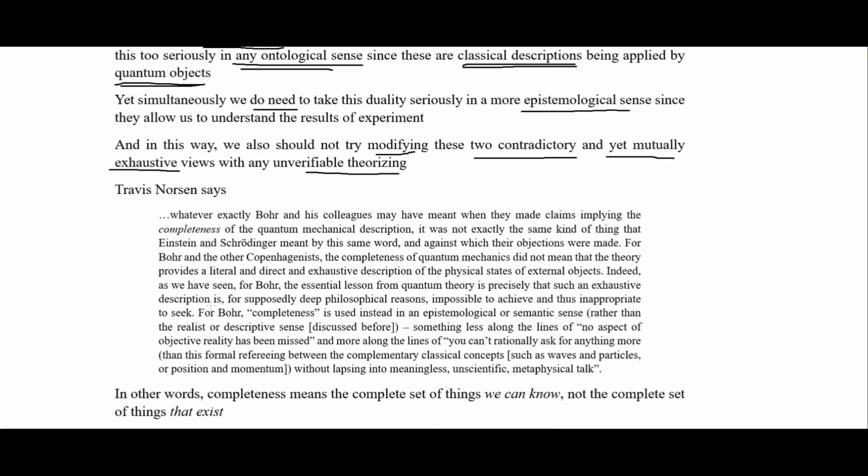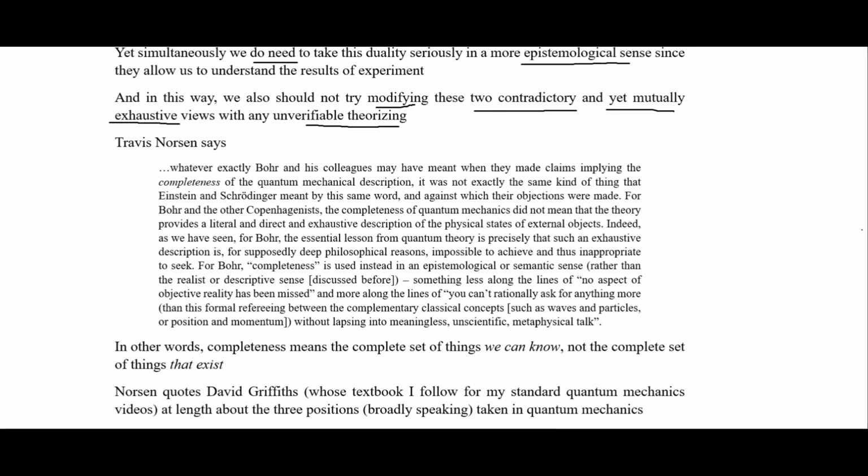And in fact, Norsen here, whose book I'm following for this playlist, actually says something about this. So he says, whatever exactly Bohr and his colleagues may have meant when they made claims implying the completeness of the quantum mechanical description, it is not exactly the same kind of thing that Einstein and Schrödinger meant by this same word, and against which their objections were made.